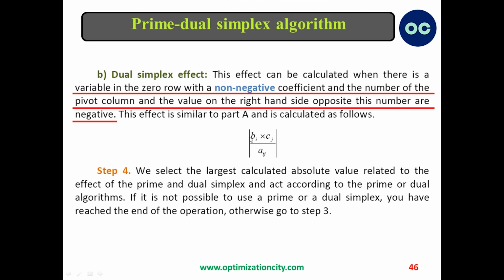In step 4, we choose the largest absolute value calculated from the effects of the primal and dual simplex. As mentioned in step 2 and step 3, follow the primal and dual algorithm accordingly. If neither can be applied, the process is finished. Otherwise, we return to step 3.